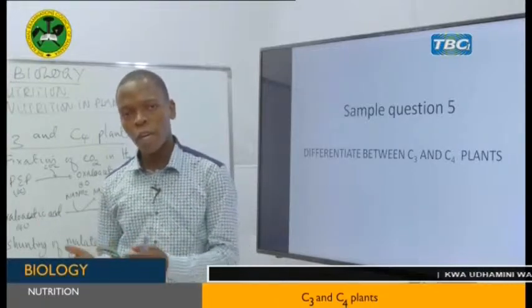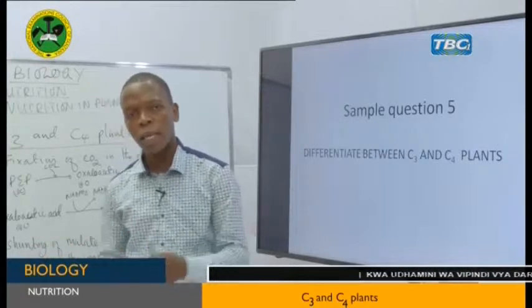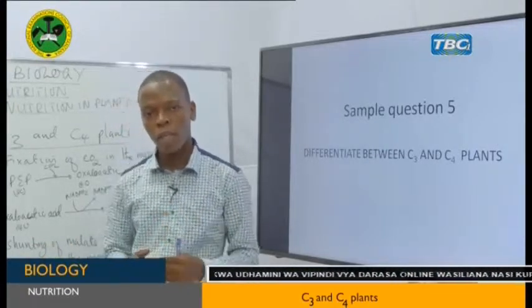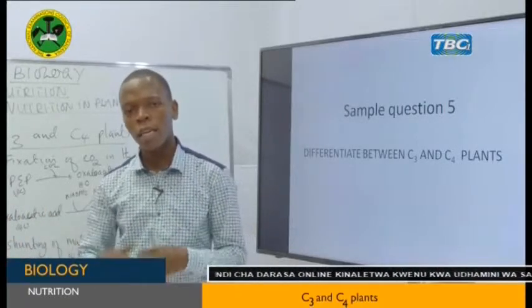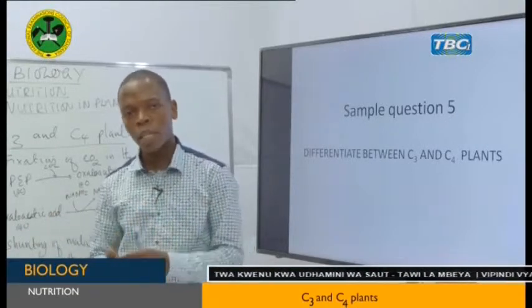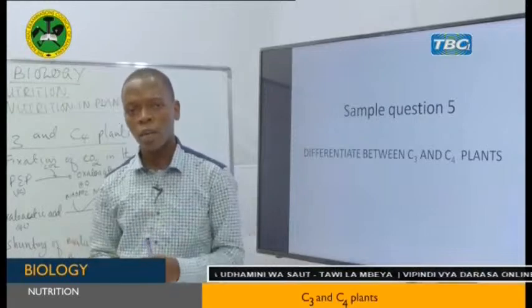We saw different examples. Examples of C3 plants are grasses, bryophytes, trees, rice and many others. For C4 plants, there is sugarcane and sorghum. Therefore, the representative species is another criterion.